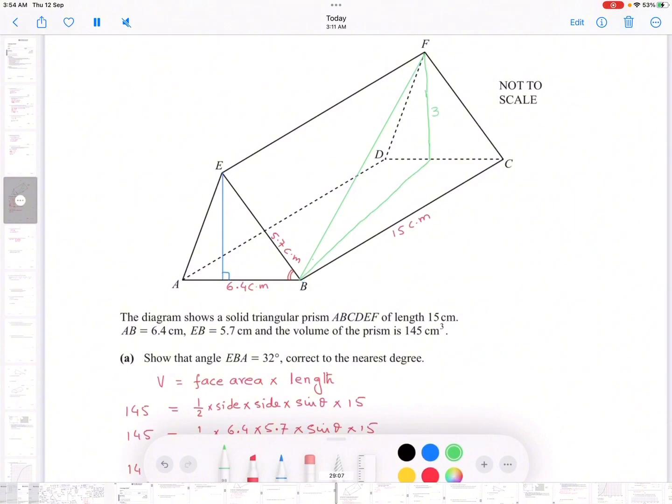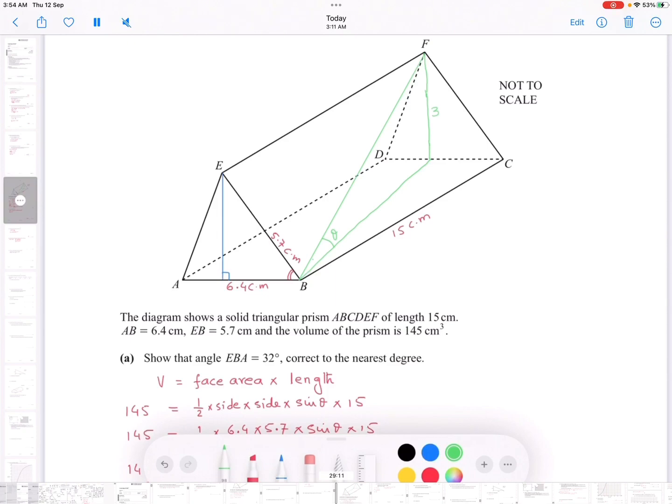This is the angle he wants. From F I drop a line and I wrote 3 there because it is the same length we found, the shortest distance on the face, that blue line dropping from E.